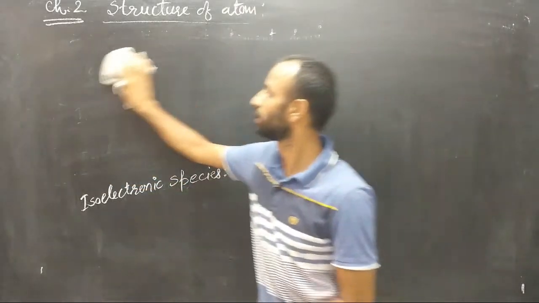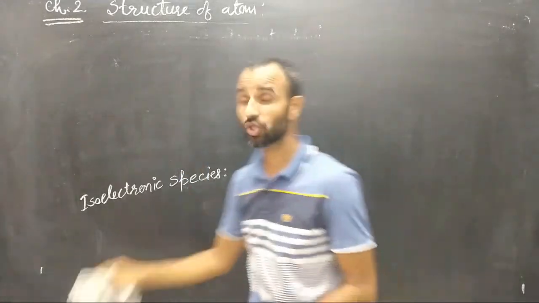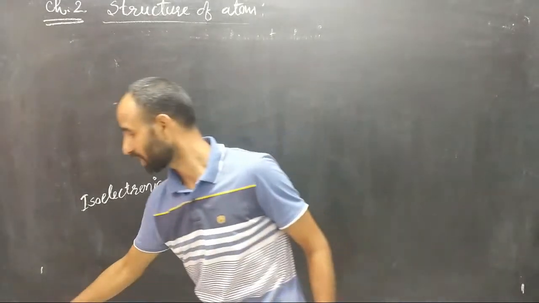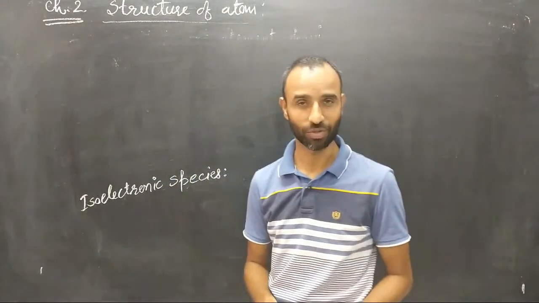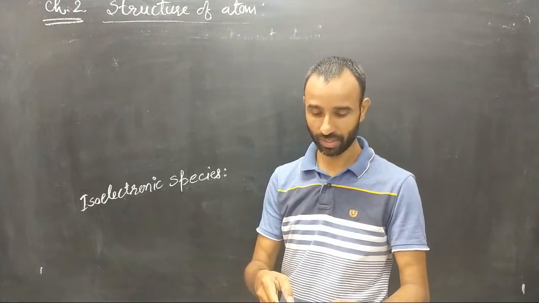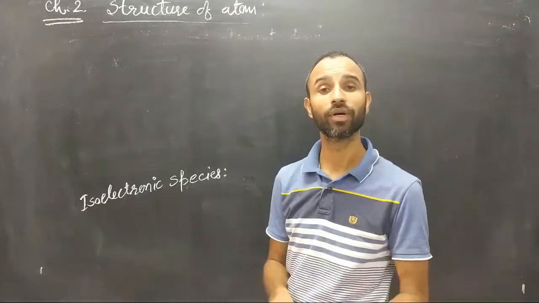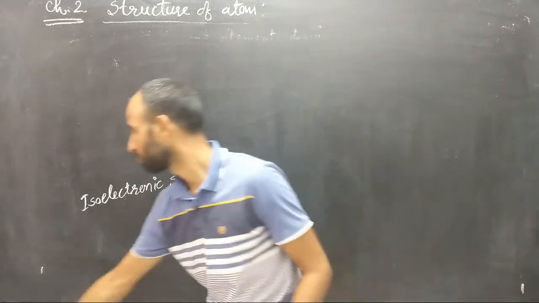Most important part, isoelectronic. The name makes it clear. Iso means same, electronic means electron. So species having the same number of electrons.